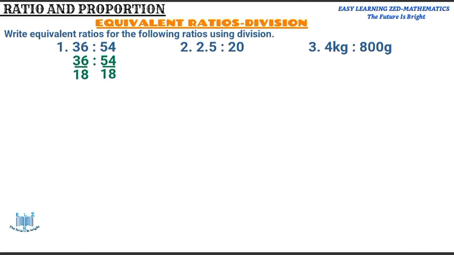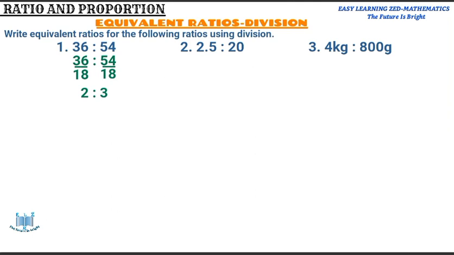Now let me start with 36 divided by 18. 36 divided by 18 will give us 2. Then 54 divided by 18 will give us 3. So the smallest or simplest ratio we can get from 36 to 54 is 2 to 3.